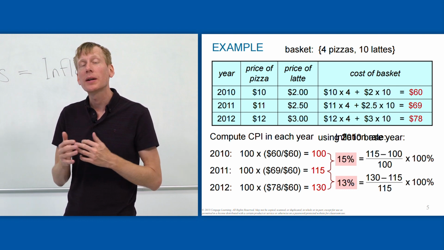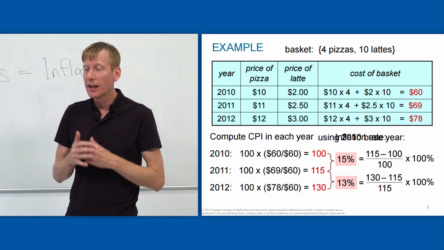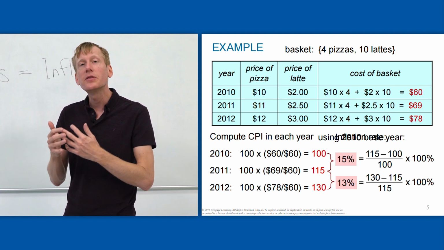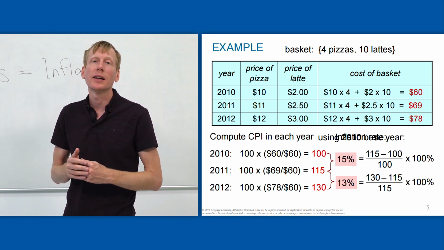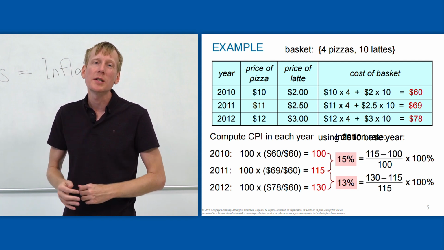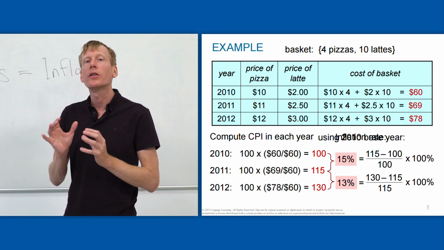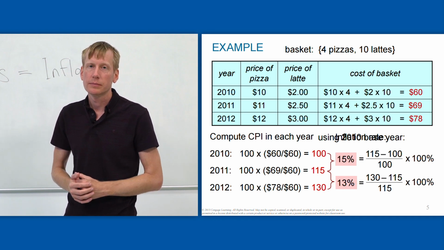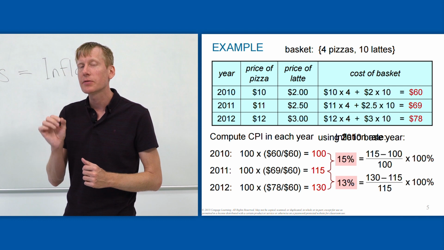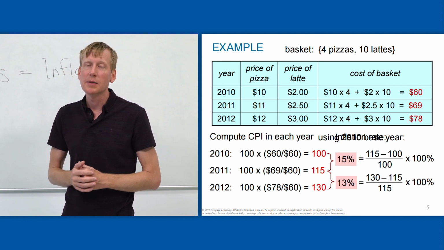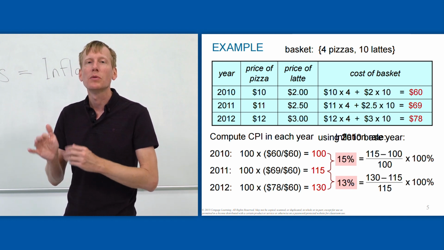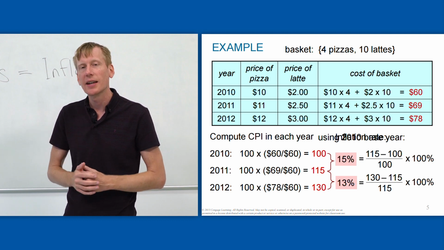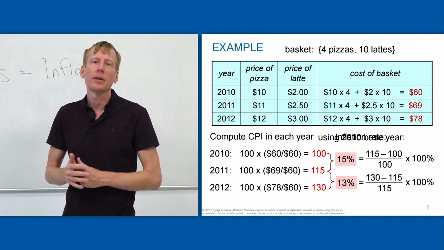And then the percentage change between those two is a 15% increase in the CPI, as the CPI increases from 100, which it must always be in the base year, to 115 in year 2. Now, that's a slightly different estimate, but a similar estimate to what we got from the GDP deflator for the aggregate price change as we move forward 1 year from 2010 to 2011 in this small hypothetical latte pizza economy.